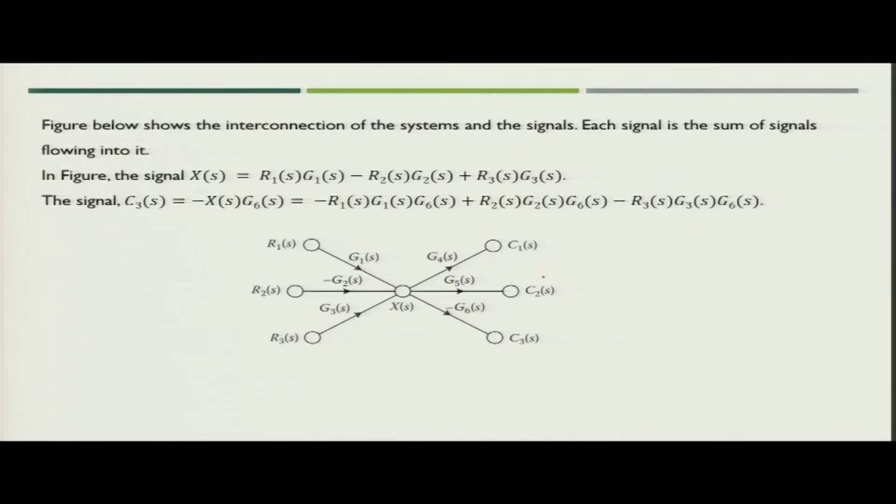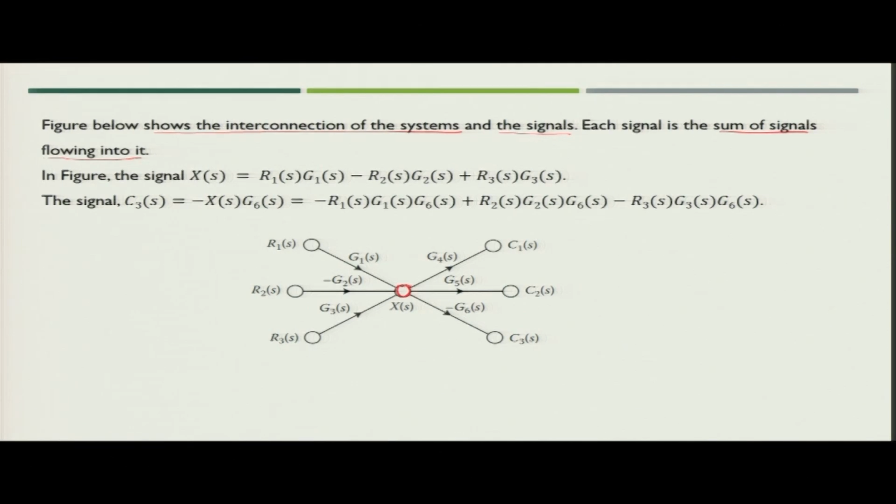Now, the figure which you see below represents the interconnection of the systems and signals. Each signal here is the sum of signals flowing into it. So, if you see this figure and try to find the value of X(s), X(s) will be nothing but R1(s) into G1(s) minus, because G2(s) has a minus sign, R2(s) into G2(s) plus R3(s) into G3(s).